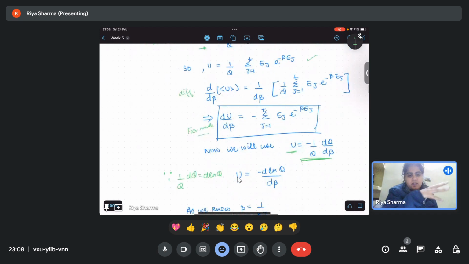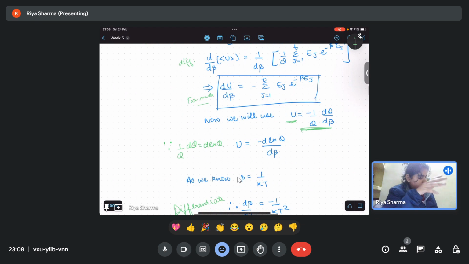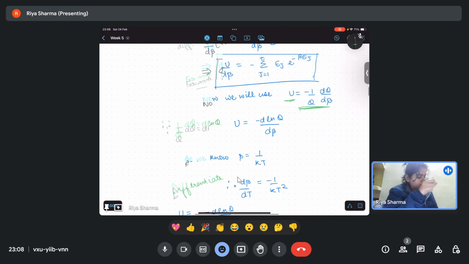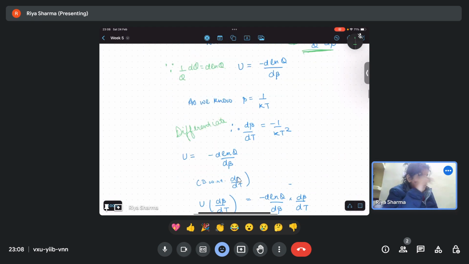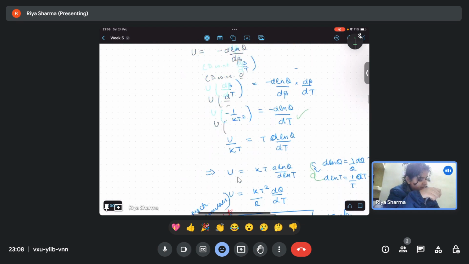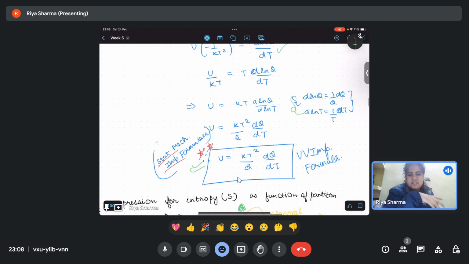So when we tried out finding dU by d beta, we got some expression in terms of Q and beta. And then we differentiated both the things and we finally end up getting U equals to kT squared by partition function into d partition function by dT.